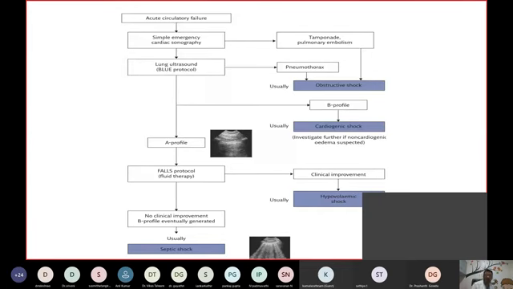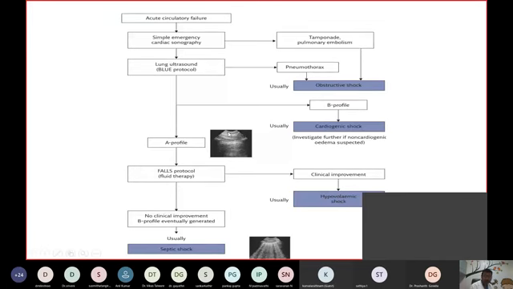So on simple echo you see there is no tamponade, and on lung ultrasound you see there is no pneumothorax. Then you have ruled out the obstructive cause of shock. Then you see what your lung pattern is, whether it's A profile or B profile. If you see B profile, then this is a cardiogenic shock, then you treat it accordingly.